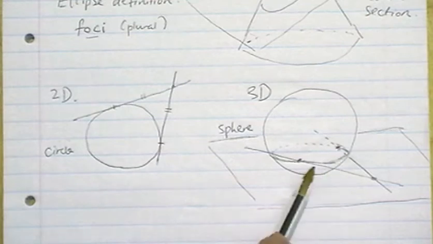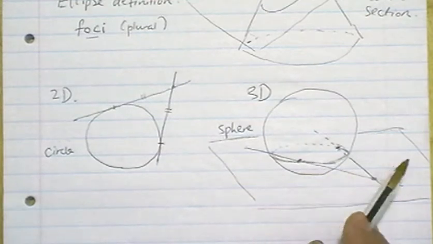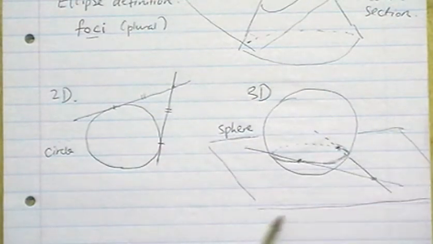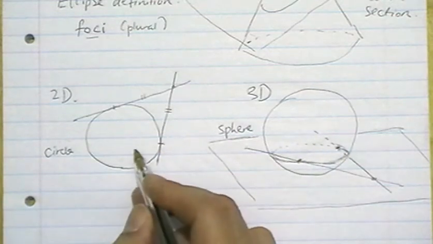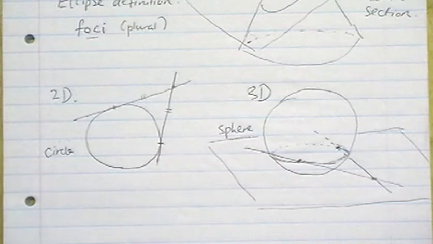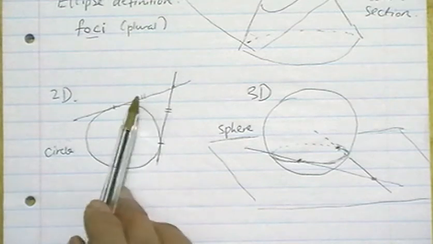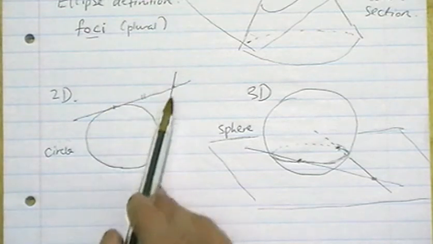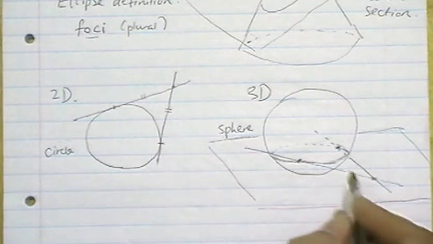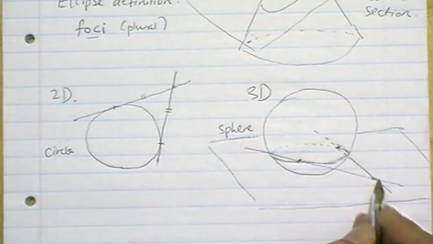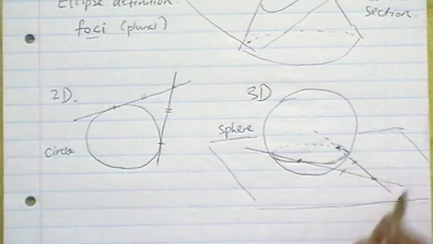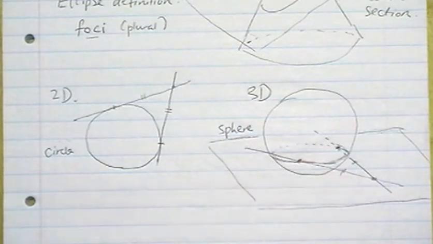If I now look down from the top at this plane and the lines and the circle, they would look more or less like this. And if that's the case, then clearly we know that those two lengths are equal. So therefore, these two lengths must also be equal. So we have a 3D result now.